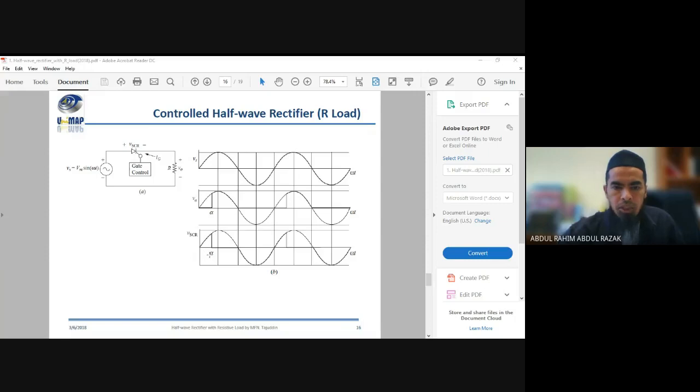When you probe at the device itself, this is the signal that you can see. When it blocks, it has voltage and goes to 0, and it has tails here because this part blocks the voltage.